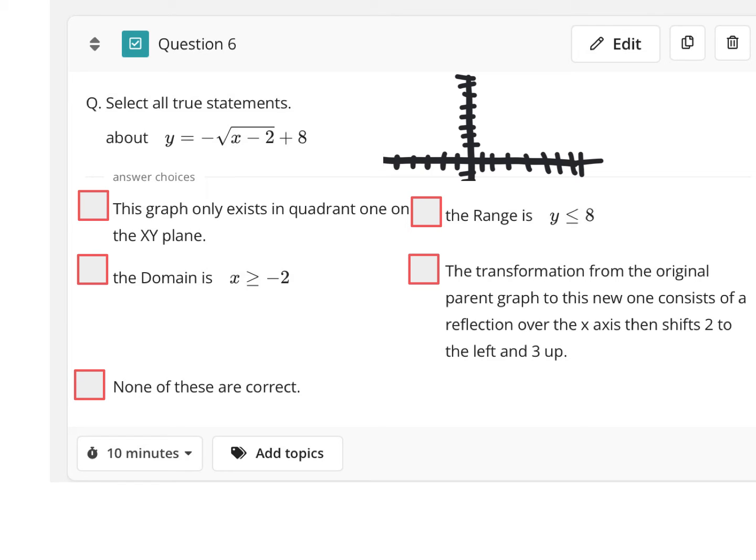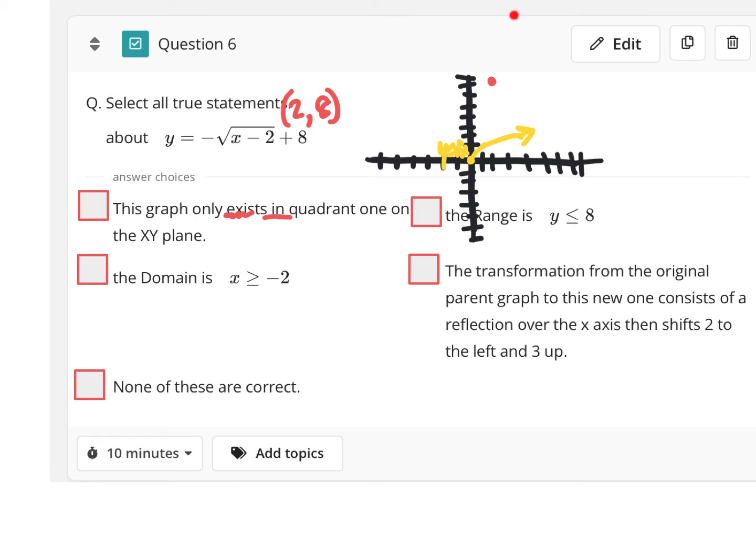This is the most important point, 2, 8, which is way up here, okay, way up there. Now, I do know that it's reflected over the x-axis. So again, originally, the y equals square root of x parent graph was right there, and it shoots off in this direction, forever going up and to the right. But this negative, as -1 as the a value, causes it to reflect and shoot this way.